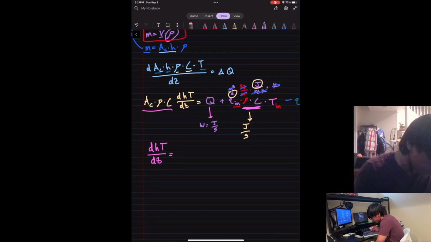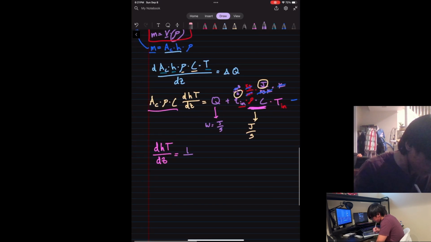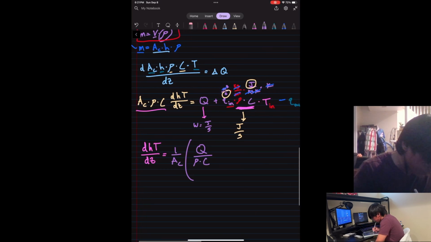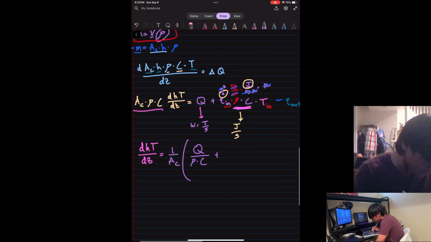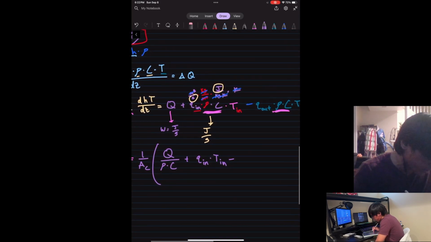So I'll just do something like, let's see, everything will be times 1 over our cross-sectional area, then big parentheses, Q, our heating component from the heating coil, divided by our density and our heat capacity. This will be added to our inlet flow, the energy going into the system, and that is just our Q_in times our temperature in, since density and specific heat capacity are being divided out.